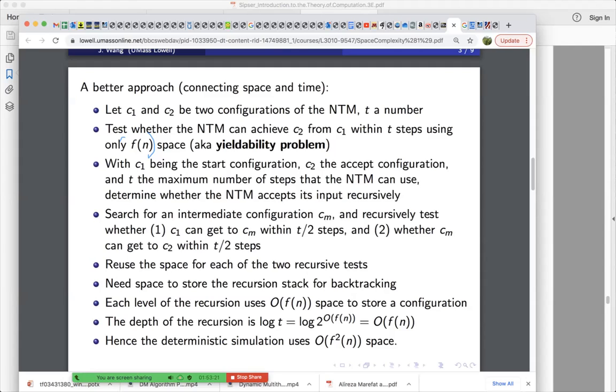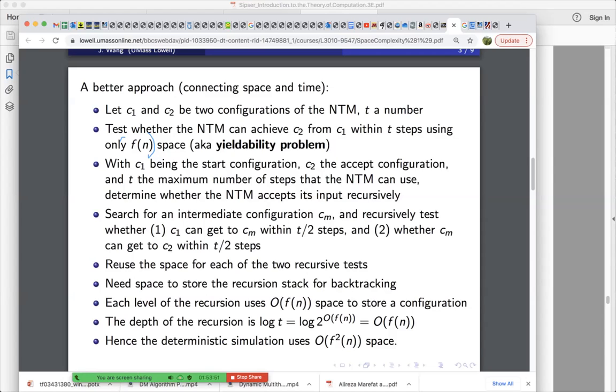With C1 being the start configuration, C2 being the accept configuration, and T being the maximum number of steps that the non-deterministic Turing machine can use, we can determine whether the NTM accepts its input recursively.